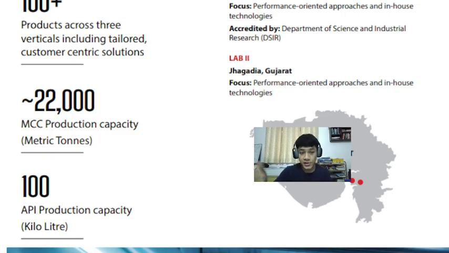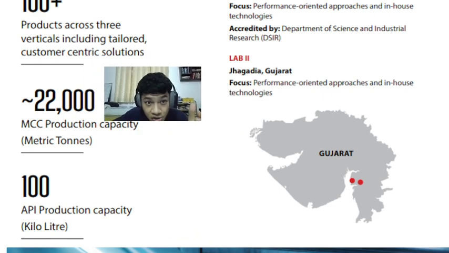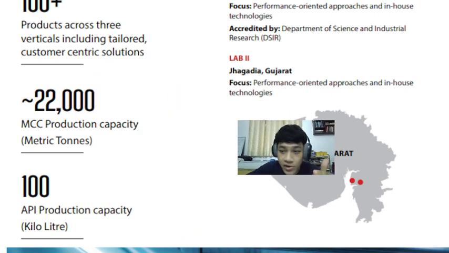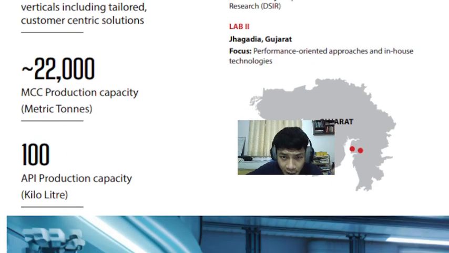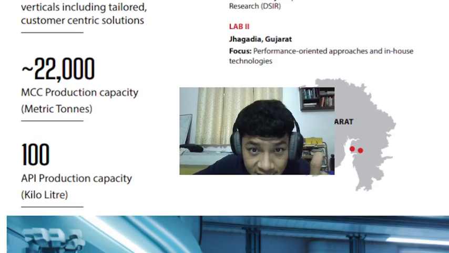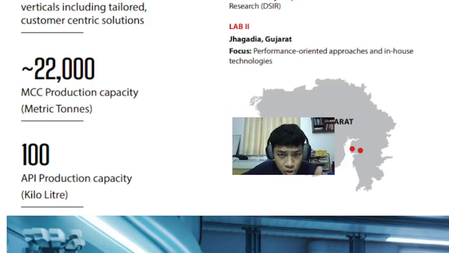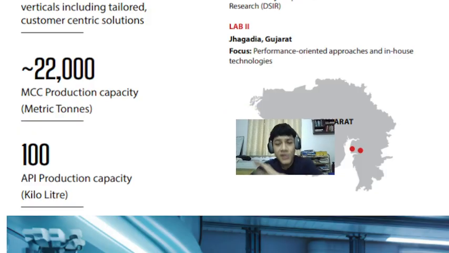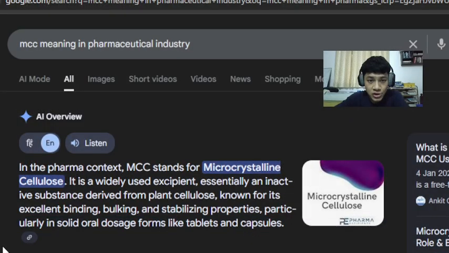Now this is in metric tons, and you see 22,000 metric tons of production of MCC. MCC, microcrystalline cellulose. This is the main product. This contributes 80 to 85% of revenue. Then we have API, which is active pharmaceutical ingredient, 100 kiloliters of production capacity. Let's just briefly cover what these products actually are.